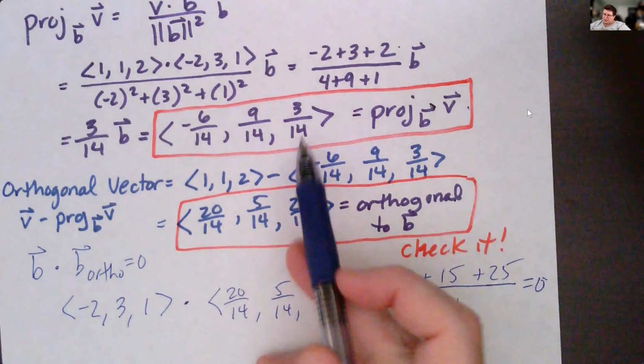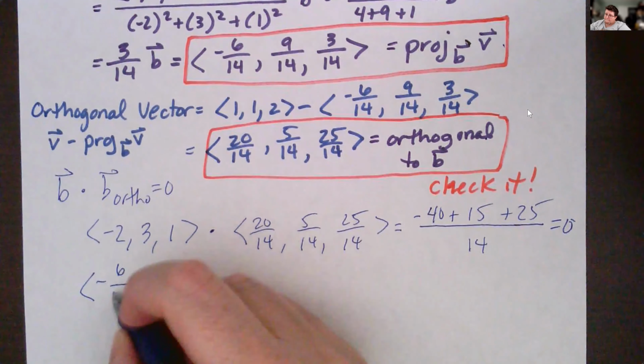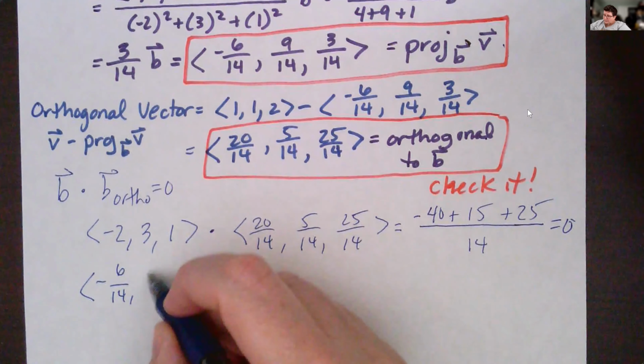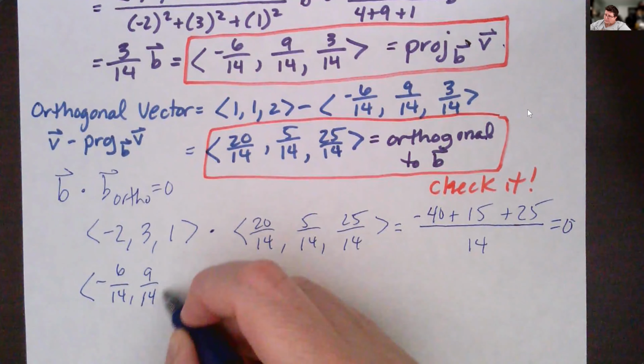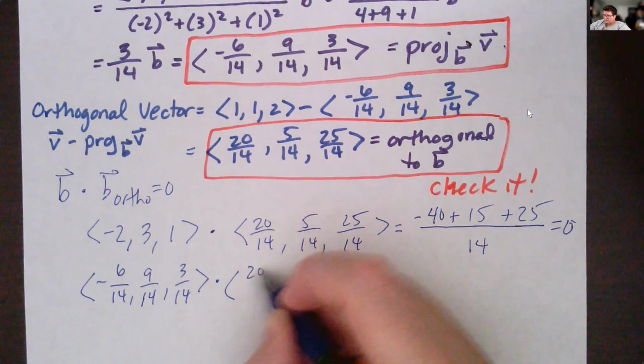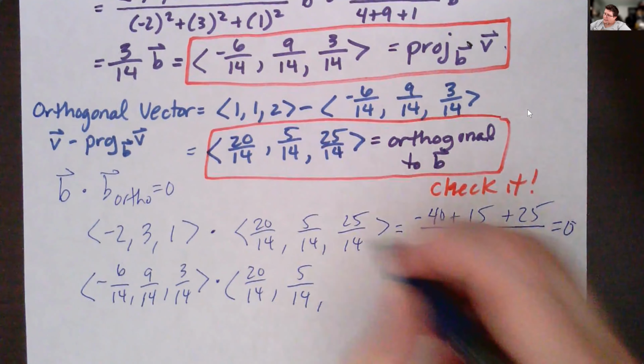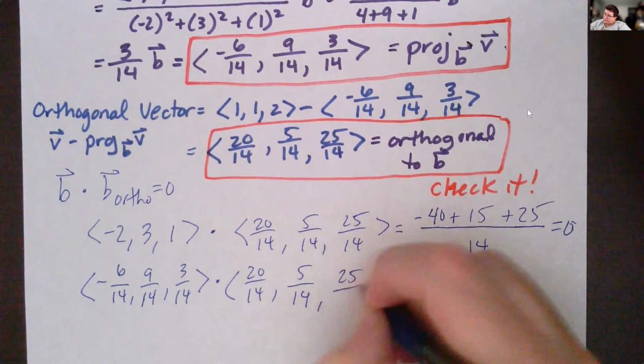I could have done the projection dotted with the orthogonal vector. I know I said I wanted this all written out ahead of time, and I did not do it here.